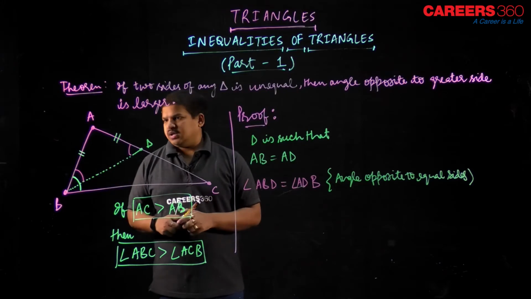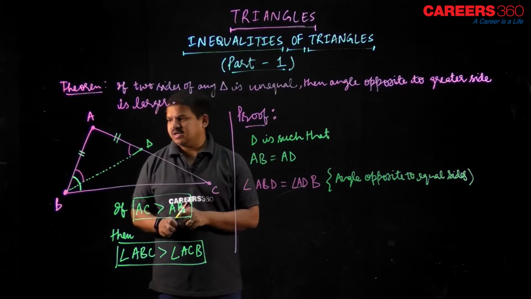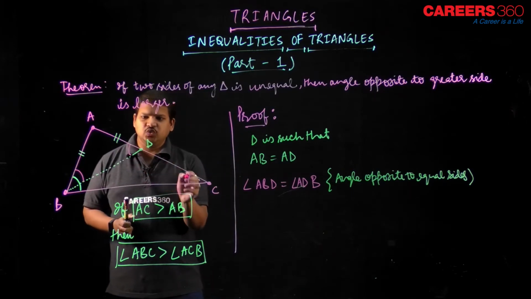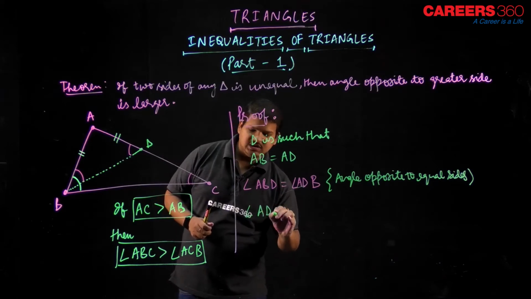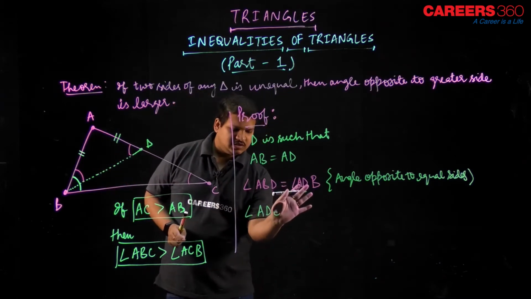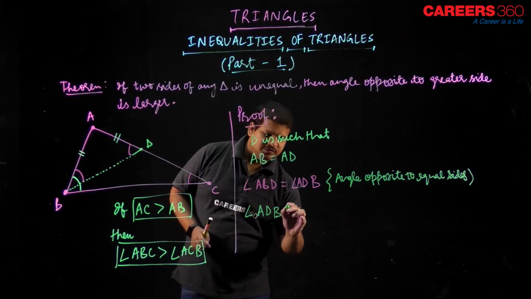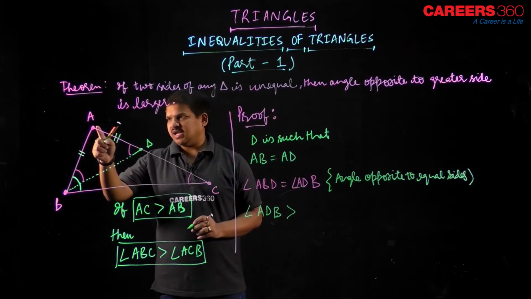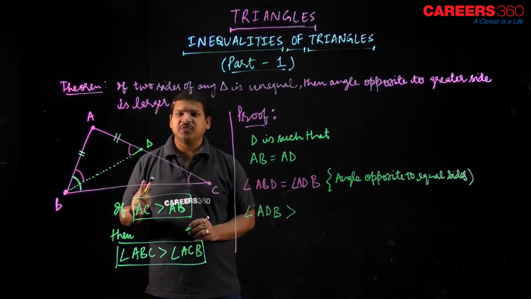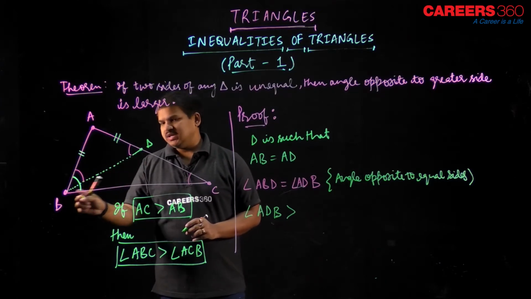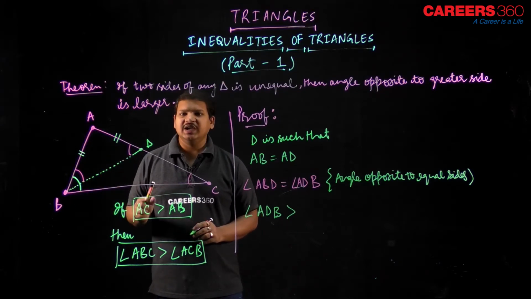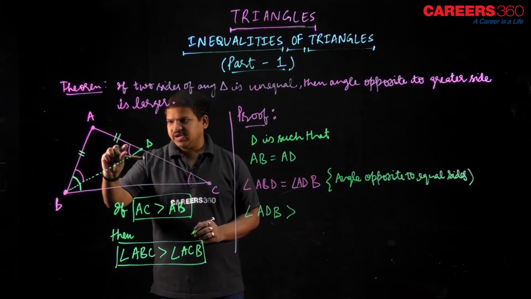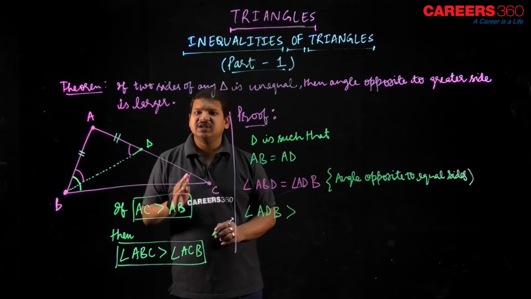Now, if you have a look at these two angles, angle ADB will always be greater than angle ACB. Why? Because in this triangle DBC, ADB is an exterior angle, and as you know, the exterior angle is always greater than the farthest internal angle.